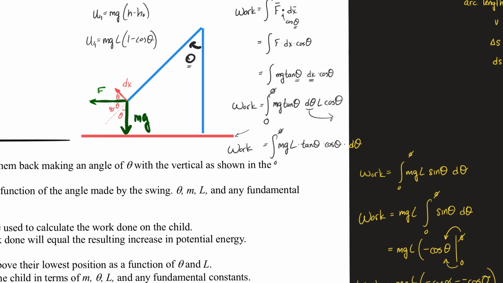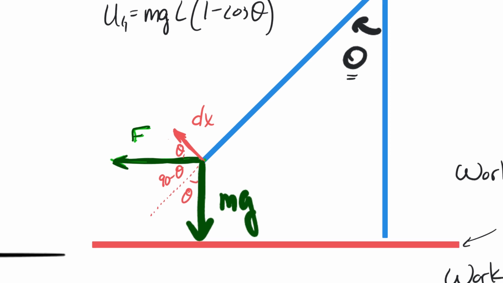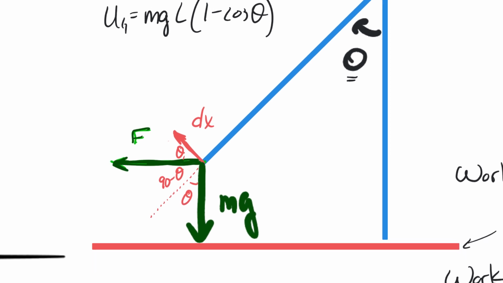Okay? So, to do this one, I have to point out that this is the angle between gravity and dx. Do you guys see that okay? And that angle is 90 plus theta. All right? Still want it in terms of theta. Okay, here we go.